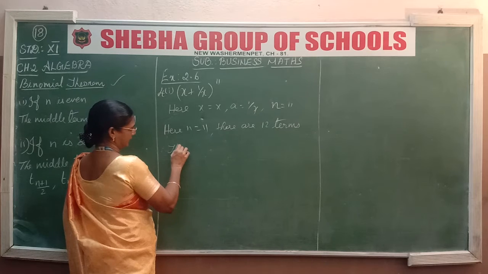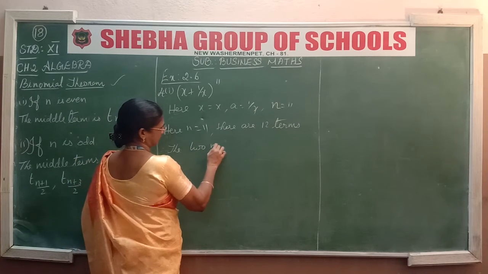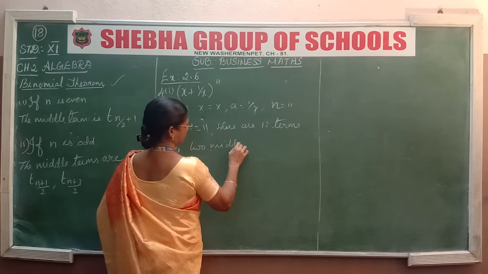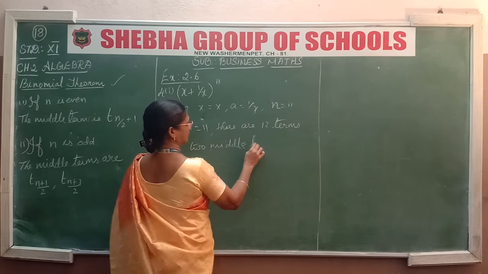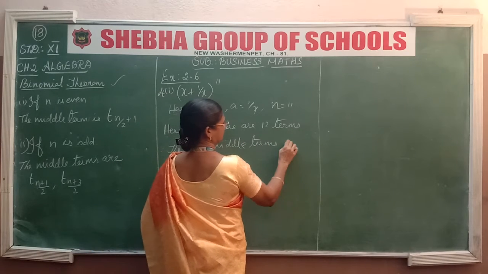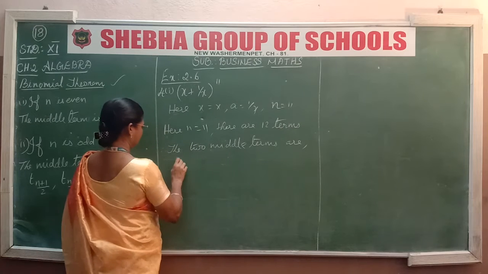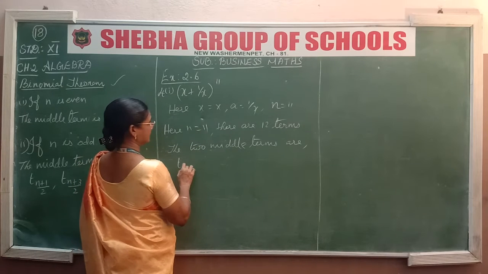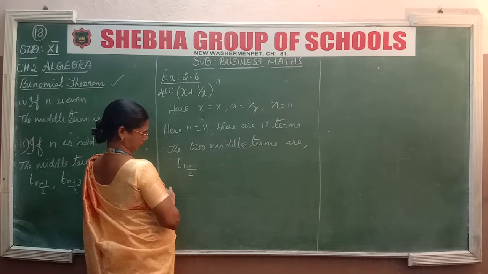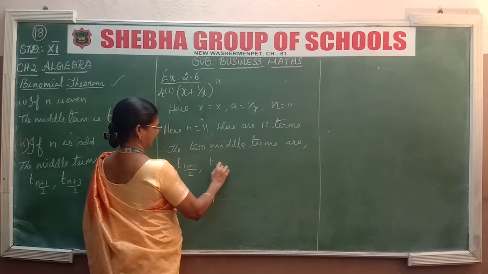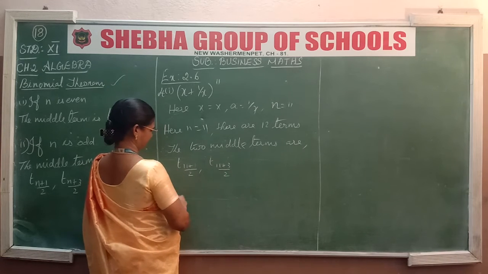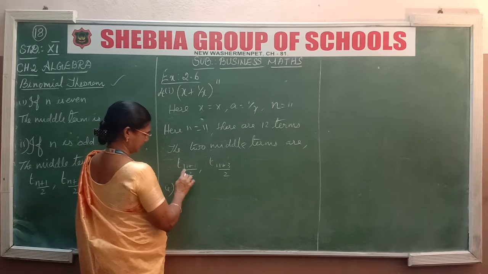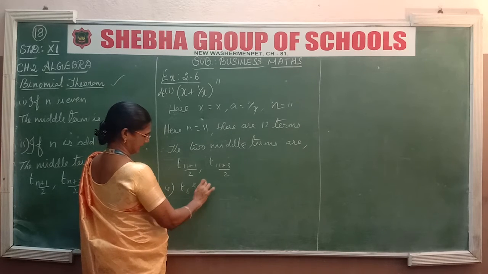Therefore the two middle terms are T (n plus 1) by 2, that is 11 plus 1 by 2, and T (11 plus 3) by 2, that is 12 by 2 is 6, and T7.